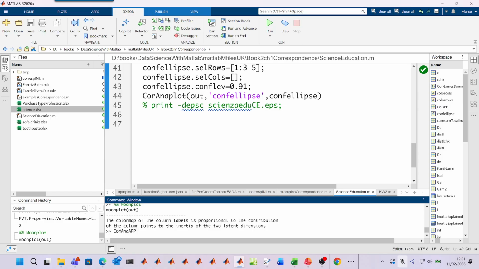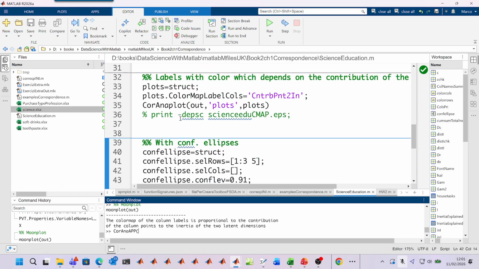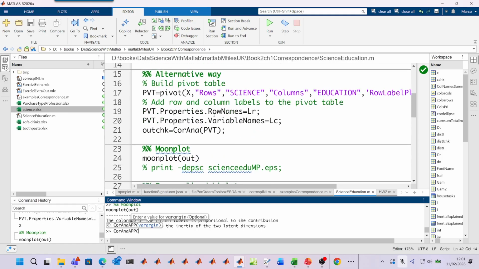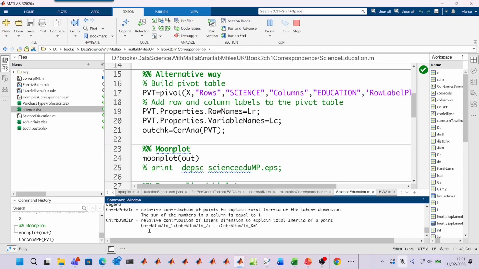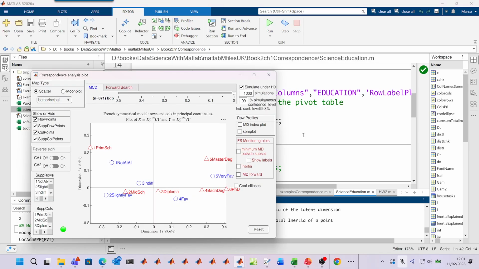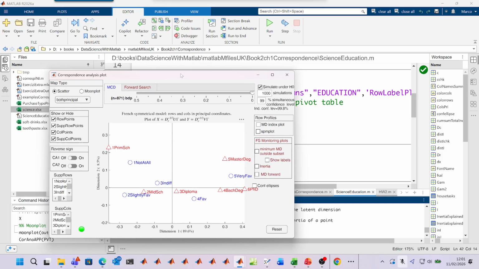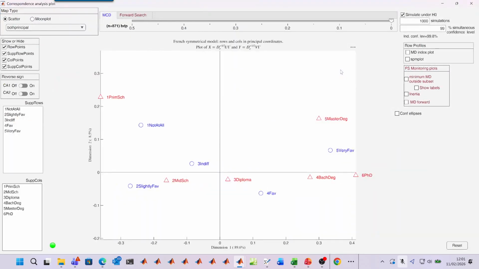Corana app of our contingent, of our PVT. Okay, it automatically gives you everything, and then this is a full app which enables you to control everything.